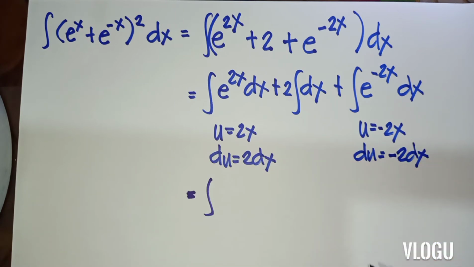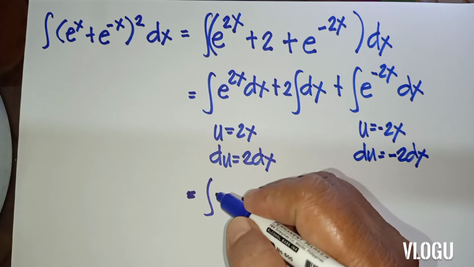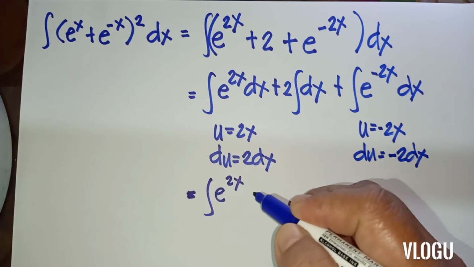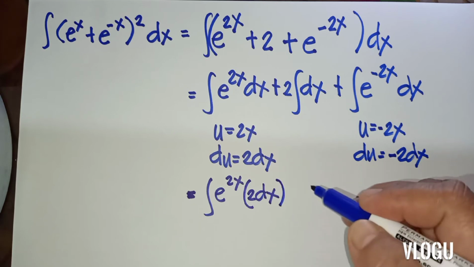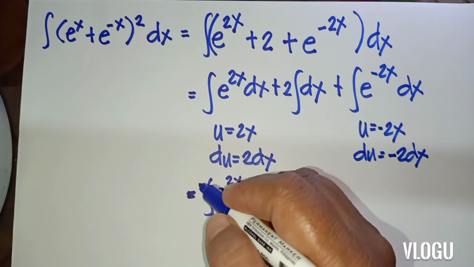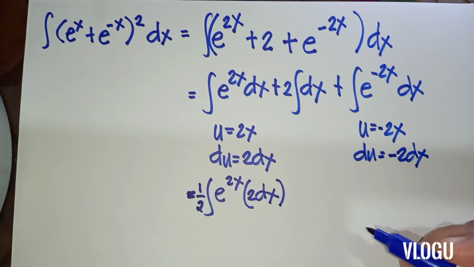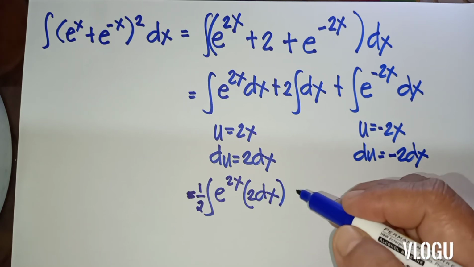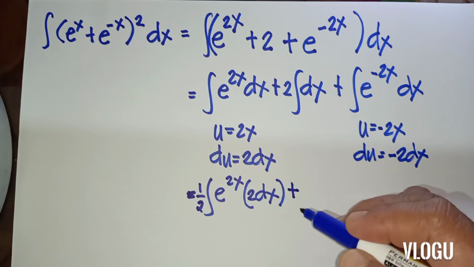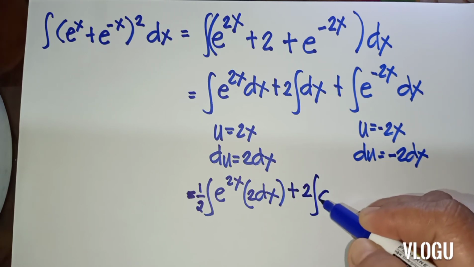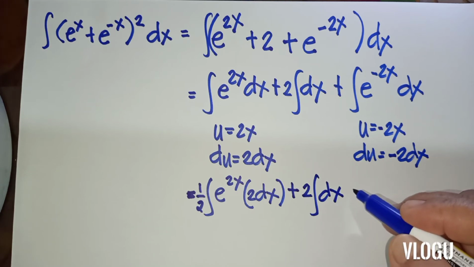The integral of e to the 2x, 2 dx. So multiply by 2, multiply by 1/2. Plus 2 dx.